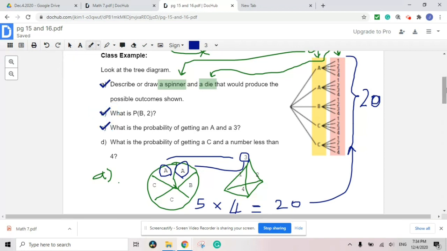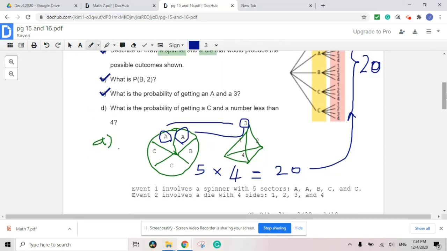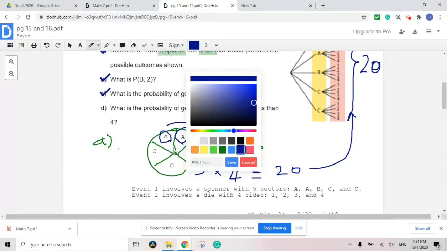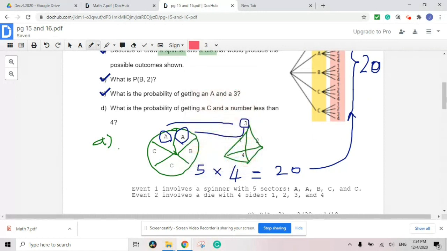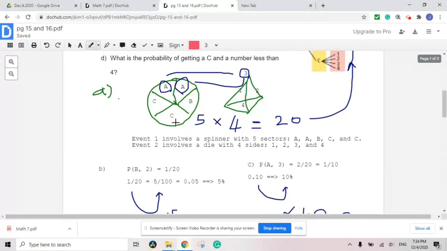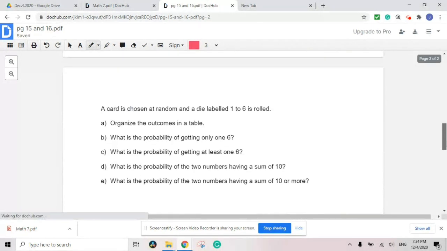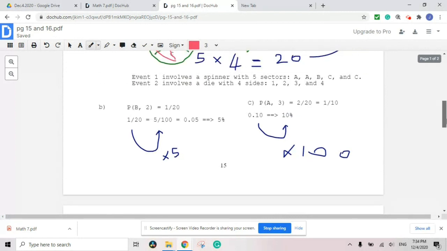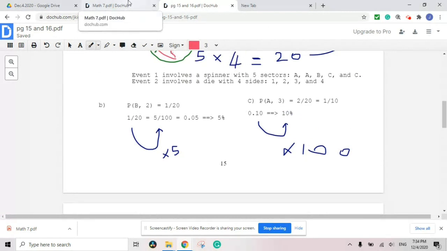Now, one of the last parts: what is the probability of getting C and a number less than 4? Now things are a little bit more of an ultimate challenge over here because, as you may notice, C is two different sectors like the previous situation, and a number less than 4. So it is a good idea to figure out the possibilities that satisfy this situation.